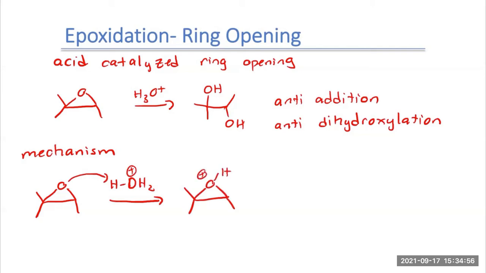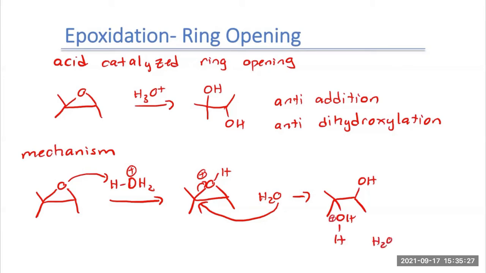That protonation will then result in a water molecule, which will then come and attack our epoxide. And this results in the opening of our ring. We then have to remove the hydrogen from the water that just attacked the epoxide.